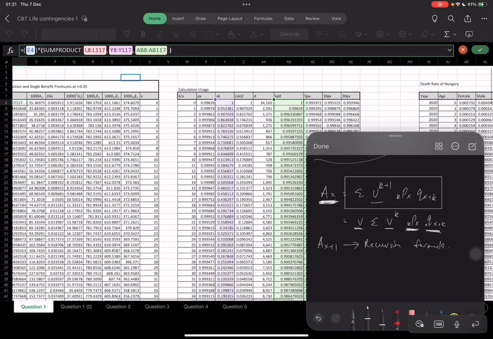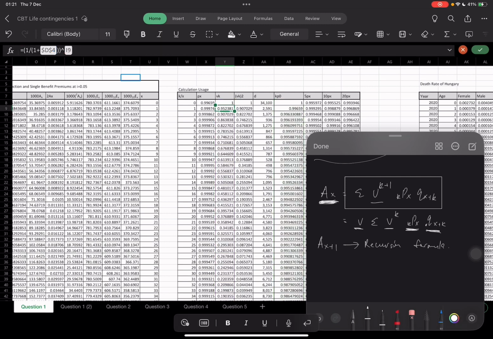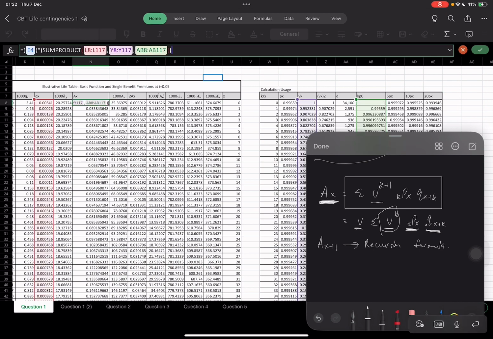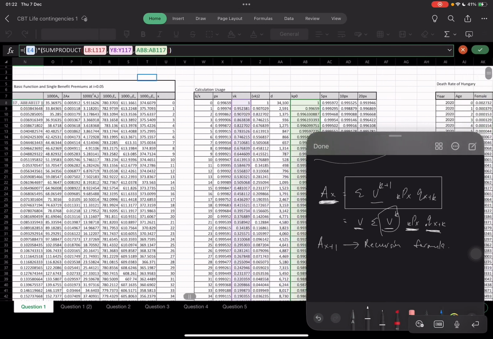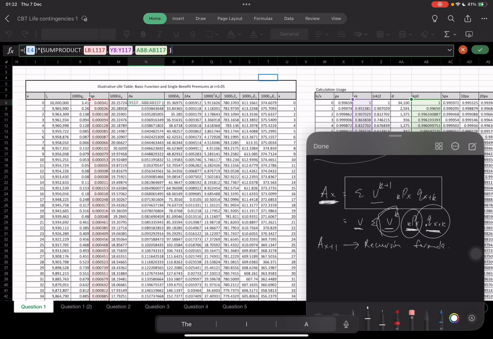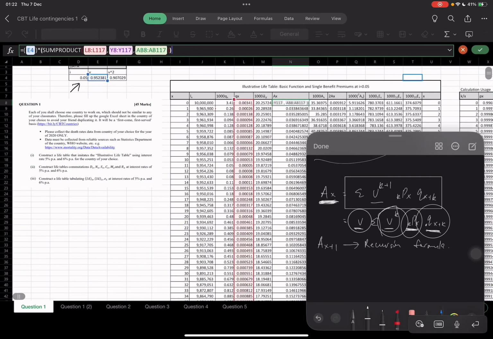The v^k indicates v to the power of 0, v to the power of 1, v to the power of 2. We use the function SUMPRODUCT to multiply the q(x+k), kpx, and v^k, times the constant v. The constant v is equal to 1 over 1 plus i. The i we use here is 5%.